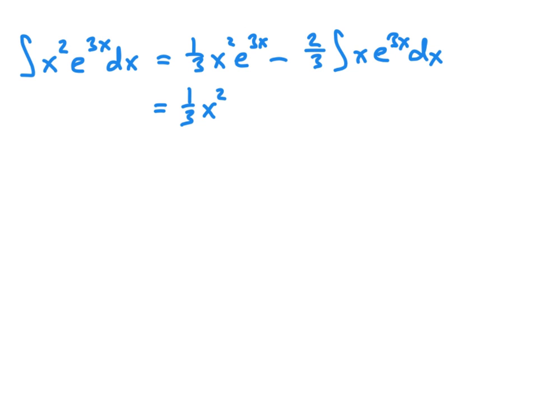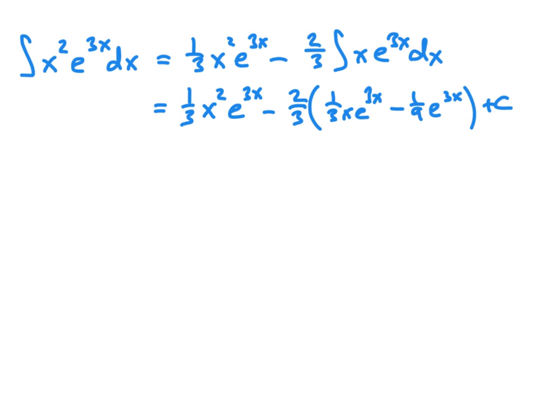So we have 1/3 x squared e to the 3x minus 2/3 times the quantity, 1/3 x e to the 3x minus 1/9 e to the 3x, and then all of this plus c. And for purposes of problems like this, it's certainly reasonable to just leave your answer in this particular form. We've evaluated our integral, and we have a function here, even if it's not quite as simplified as it might be. But there's really no reason to do any kind of simplification once we have our final value for our integral.